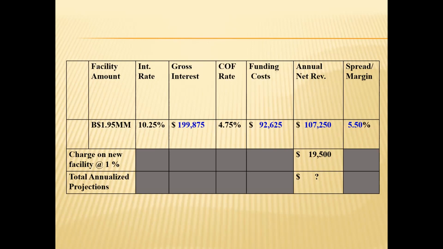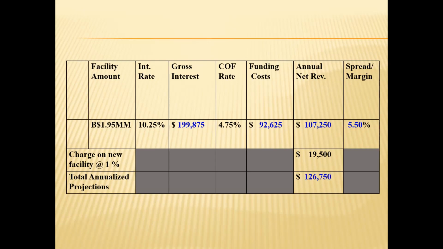So now looking at the annual net revenue column going down to the bottom, what is our total annualized projections for this customer? $126,750. And how did you arrive at that?